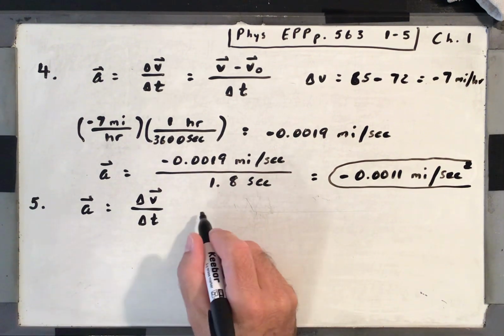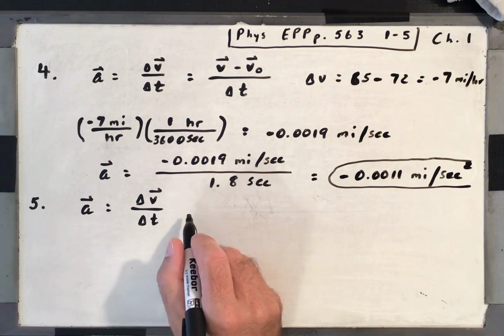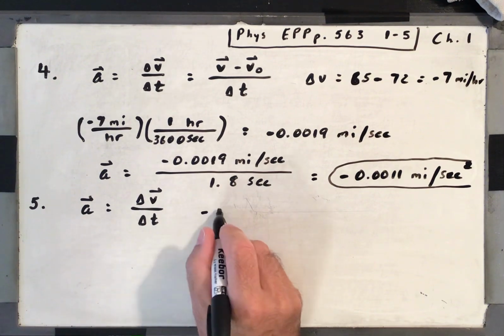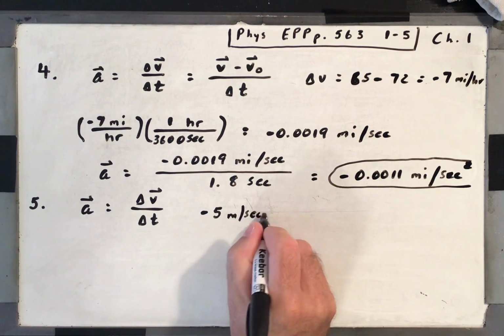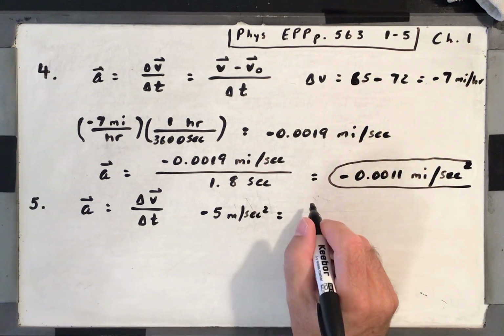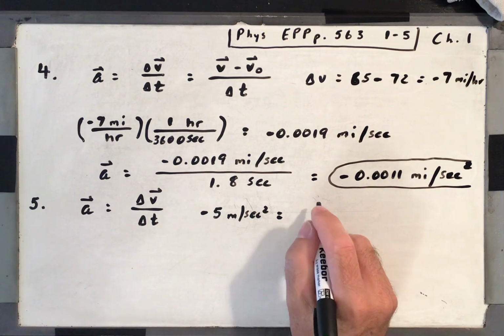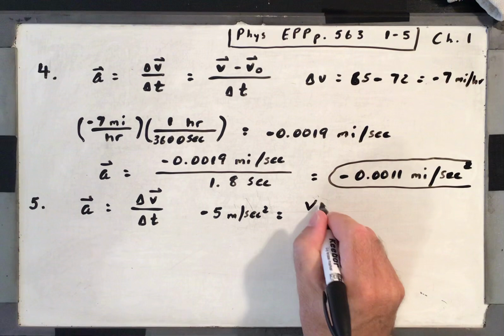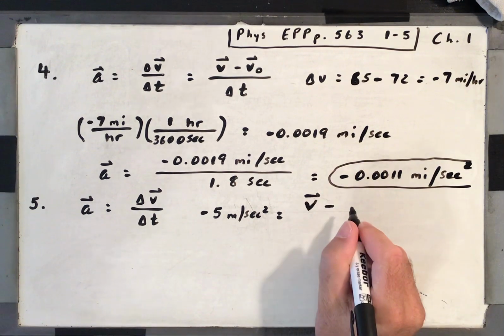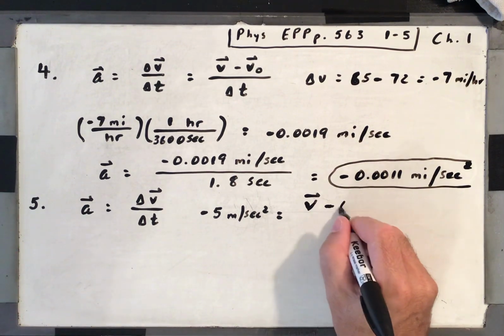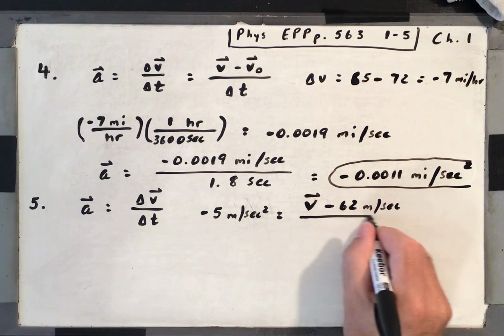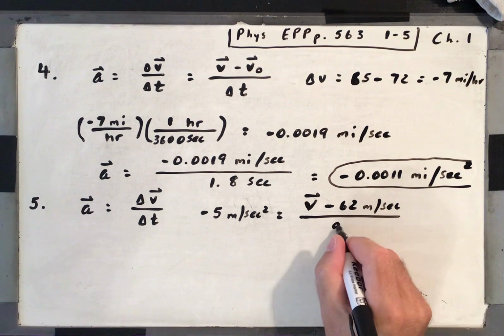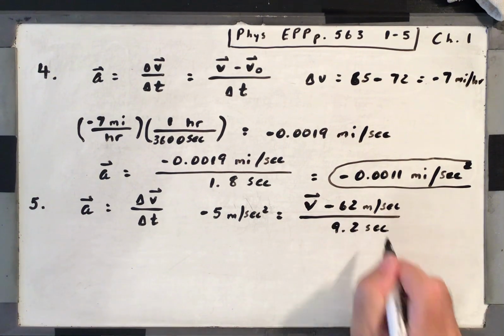So we've got acceleration is negative 5 meters per second squared is equal to the final velocity is what we're trying to get, so we leave that as the variable. The initial velocity is 62, and it's 9.2 seconds.